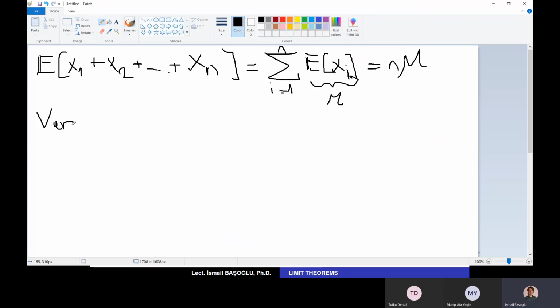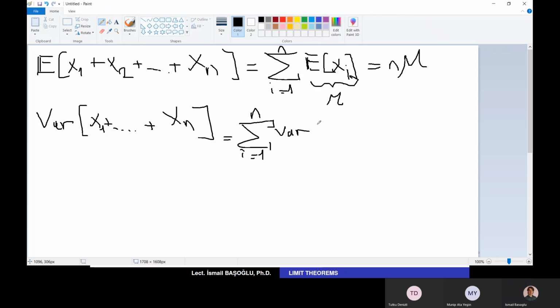And how about the variance of x1 plus x2 plus xn? Now it is going to be the sum of the variances, i from 1 to n, the sum of the variances for each of these random variables, plus we have the covariance term.